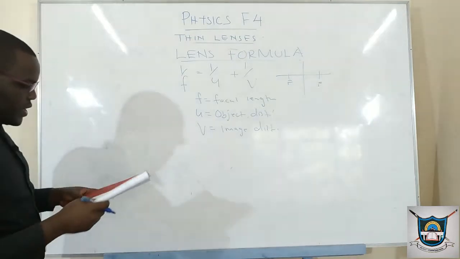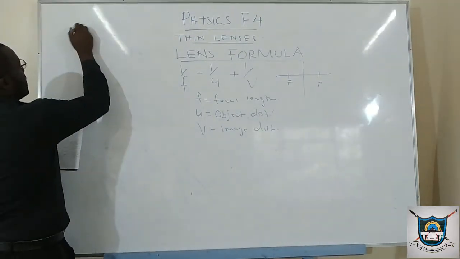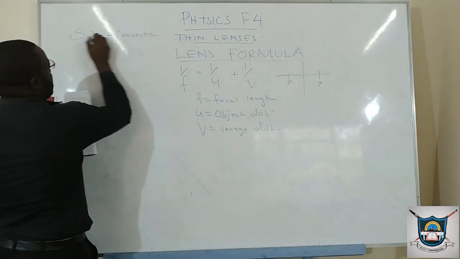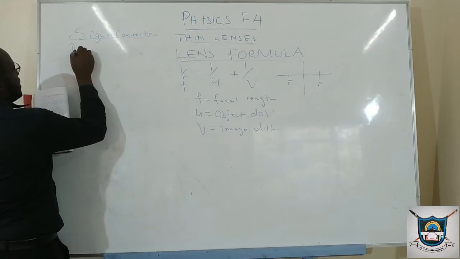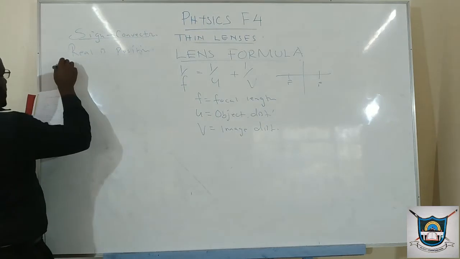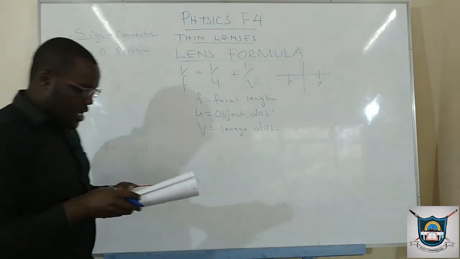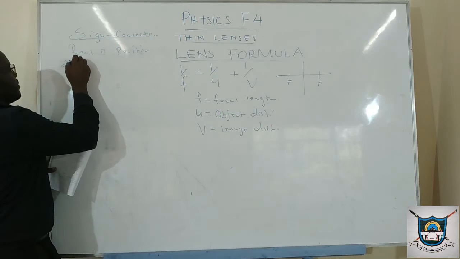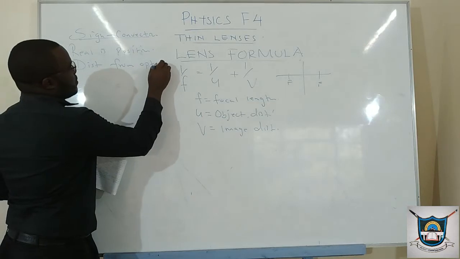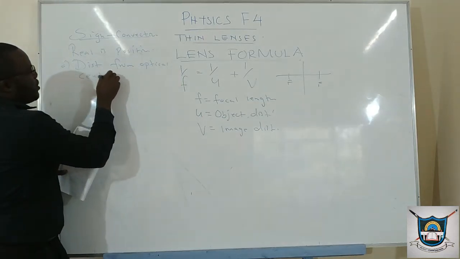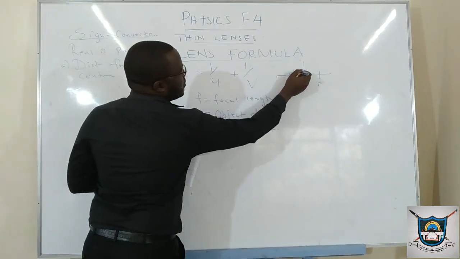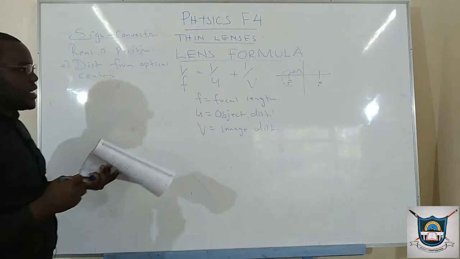Something else we shall be using is the sign convention, where we say real is positive. For example, in A, all distances are measured from the optical center. So when I talk of F, I mean from the optical center all the way to F. That is what we define as the focal length.